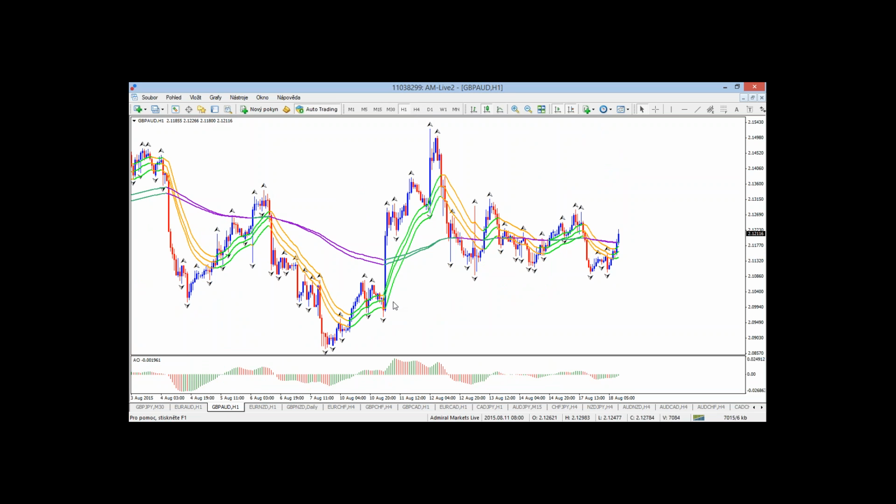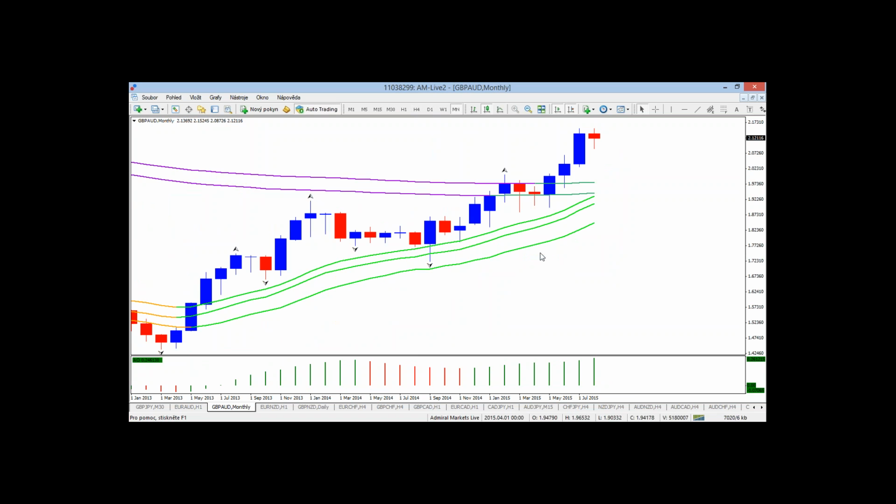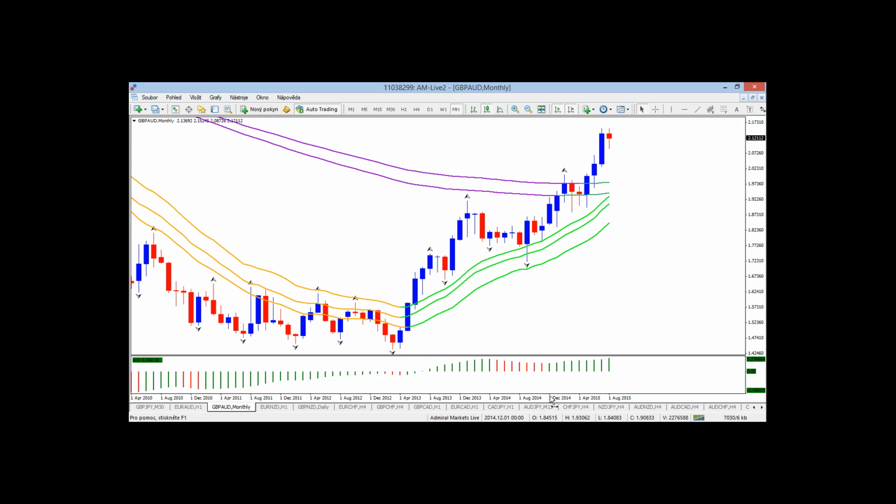Caitlin says momentum on the monthly. Let's take a look. Yeah, definitely. Good observation. We had the 11th candle pushing through this top.